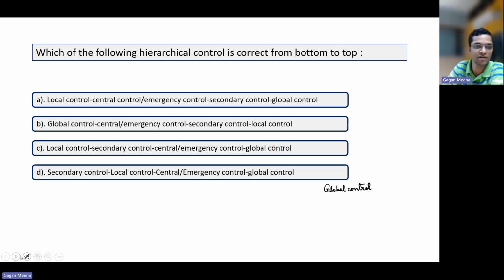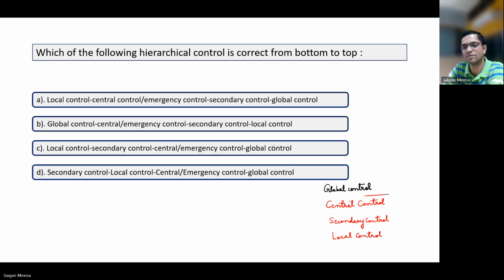Within the microgrid, on the top is the central microgrid control center, MGCC, that's central or emergency control. Then we have secondary control and we have local control. They're also called primary, secondary, and tertiary control. These three are within the microgrid, and the fourth is global control.